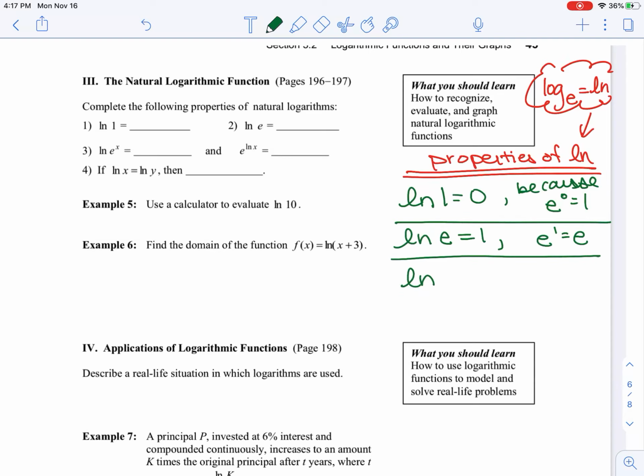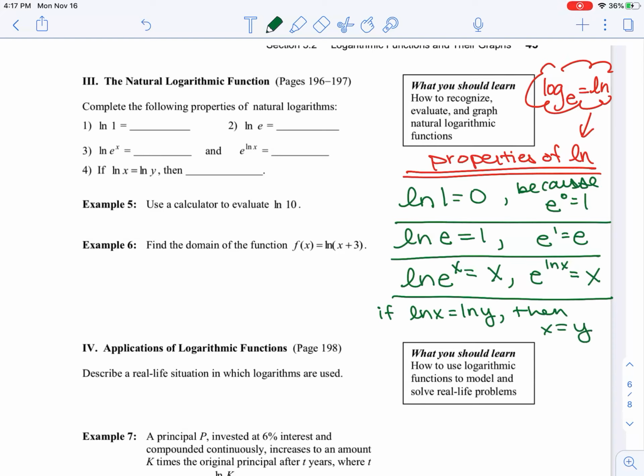We also know the natural log of e to the x are inverses of each other, so that leaves me an x, as well as e to the ln of x are also inverses of each other, which leaves me x as well. And then lastly, if the natural log of x equals the natural log of y, then we know y equals x, or x equals y. Okay, make sure you get those down in a little chart.